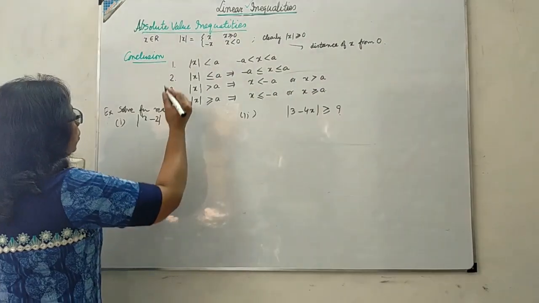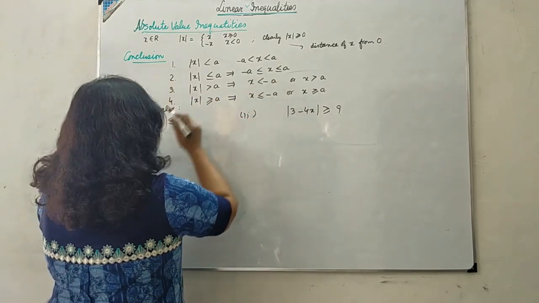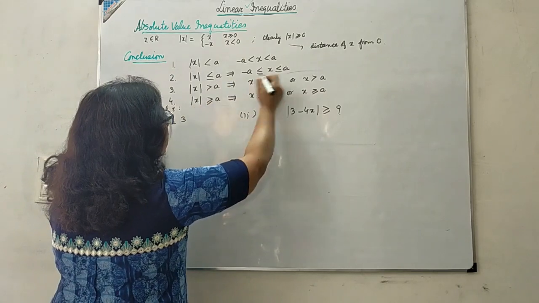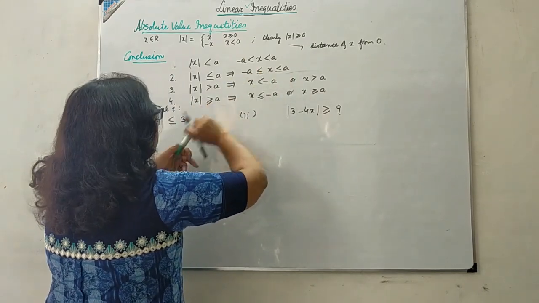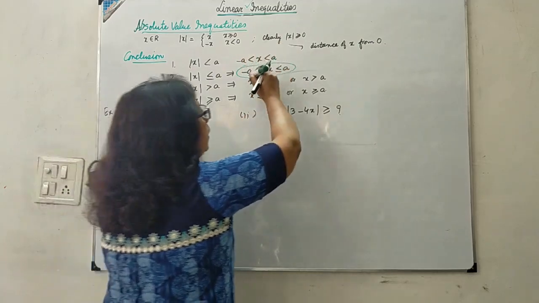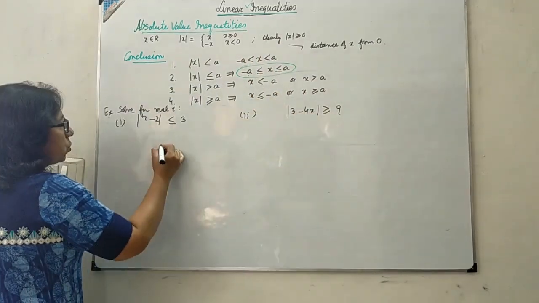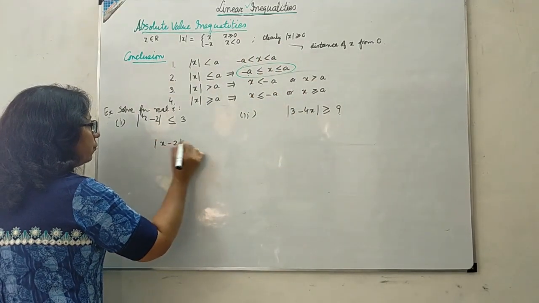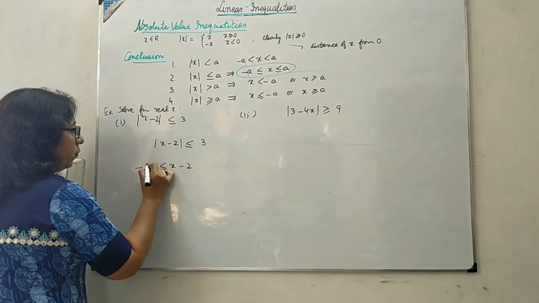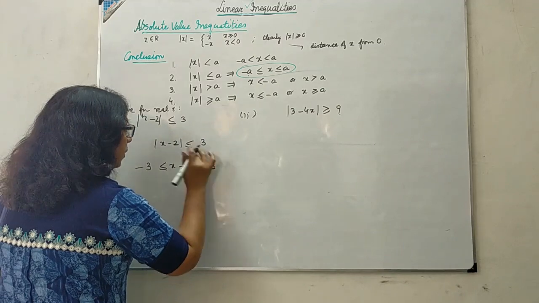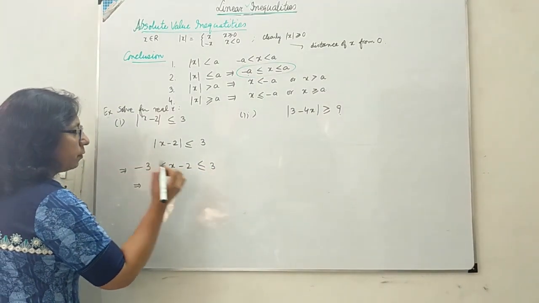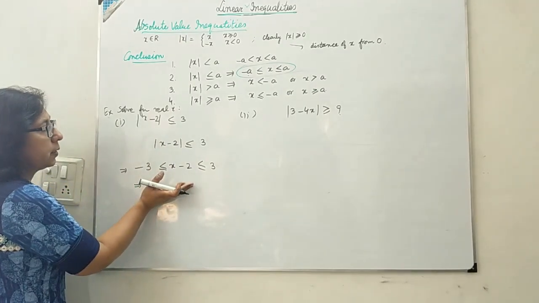Now, to apply the same result, instead of x we have x minus 2 less than or equal to 3, so this is between the lower number and the greater number. So x minus 2 lies between minus 3 and 3, with the equality sign, so I will take this. Now how to simplify it? I can straight away apply the result.